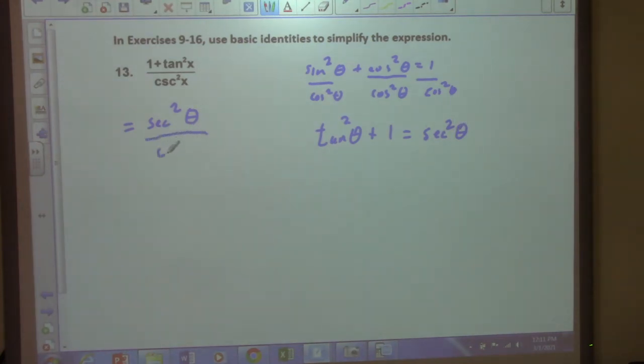over cosecant squared theta. And what do you do with these guys? What is secant? 1 over cosine, right? And what is cosecant? 1 over sine, right? So what do you do with this guy here?